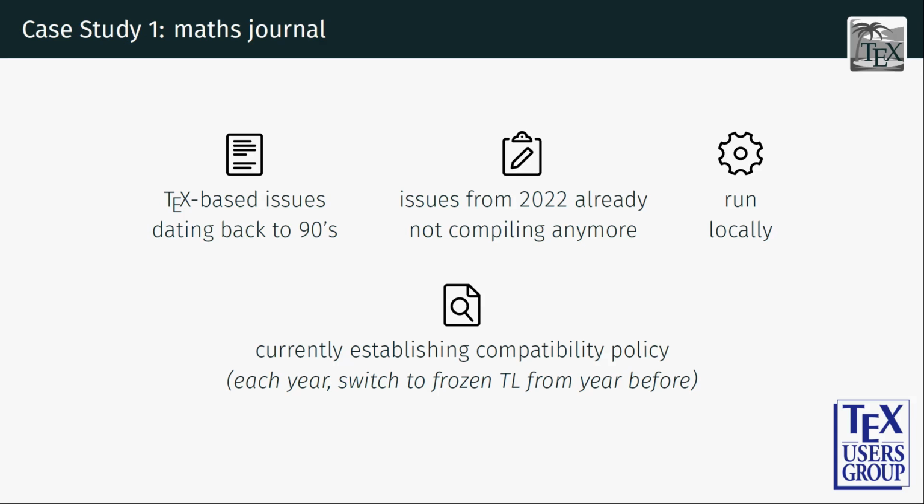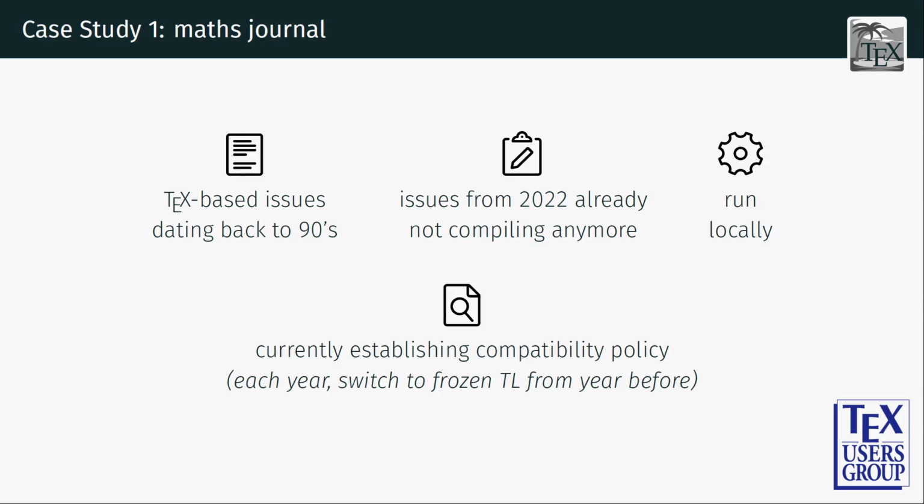This math journal has TeX-based issues dating back to the 90s, and there are issues from 2022 that are already not compiling anymore because some package maintainers do seem to like the idea of updating packages, and updates tend to break stuff if one is not careful and does not adjust things. There is some major package starting with SI and ending with an X that has had a major change somewhere in 2021.